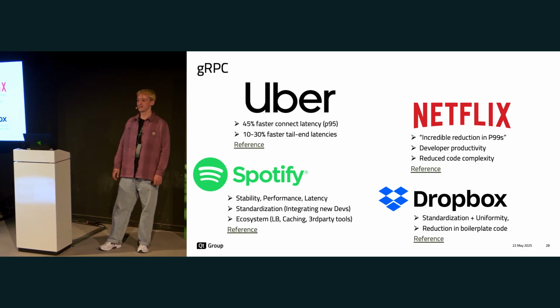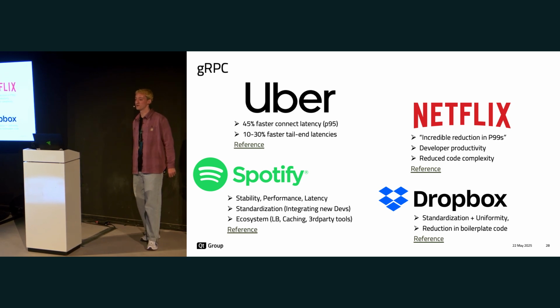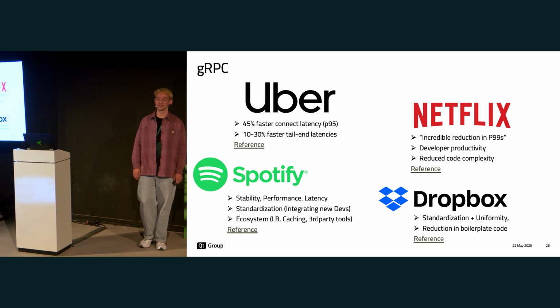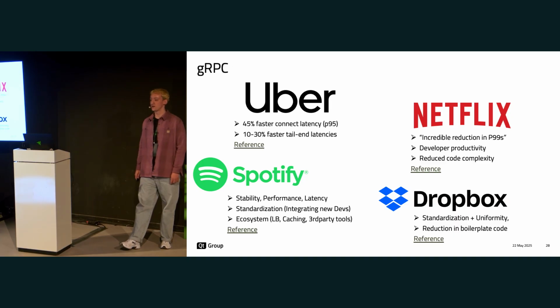Netflix also mentioned no numbers. Sadly, I hoped I would get more numbers from them. But they mentioned an incredible reduction in the 99th percentile that increased their developer productivity and reduced their code complexity.